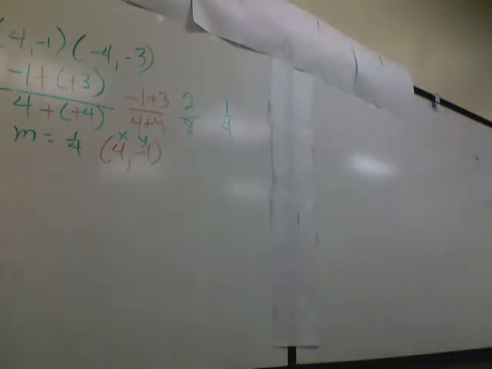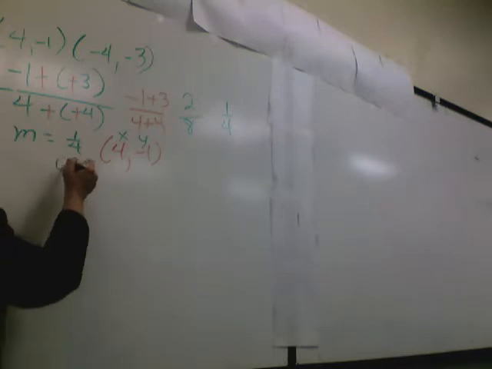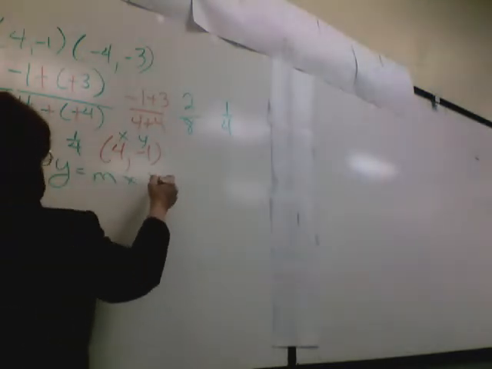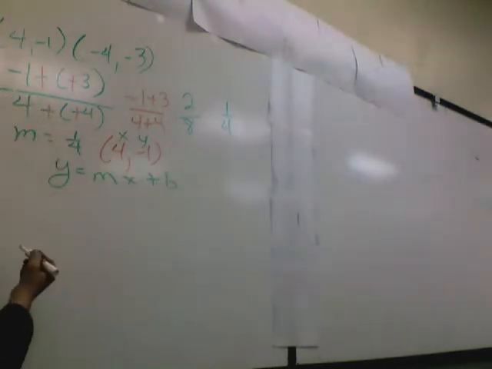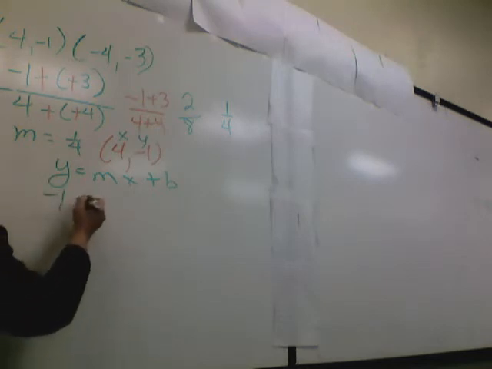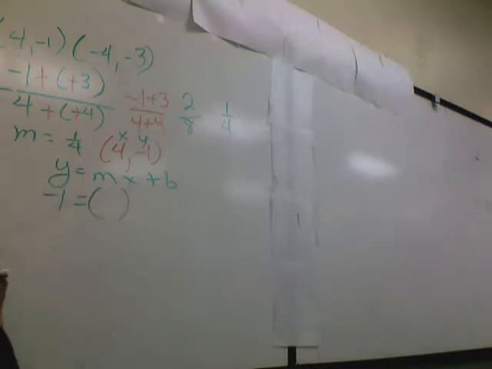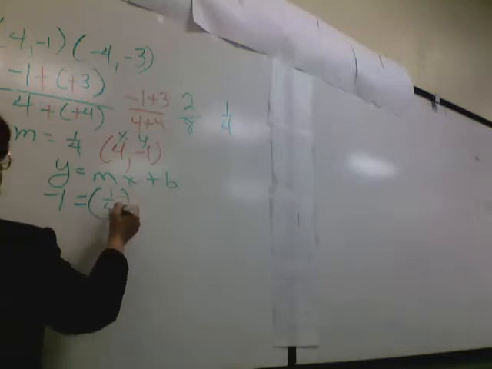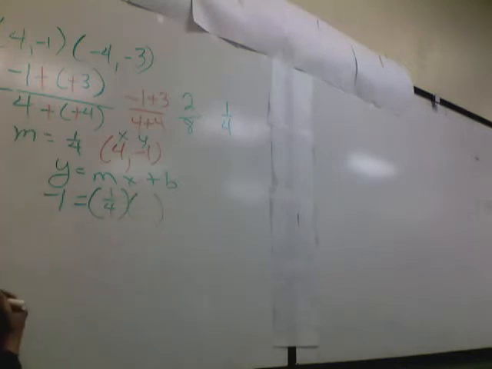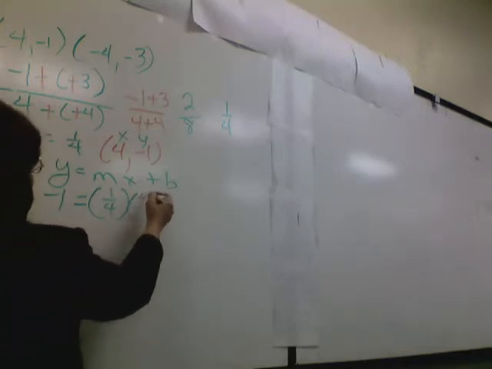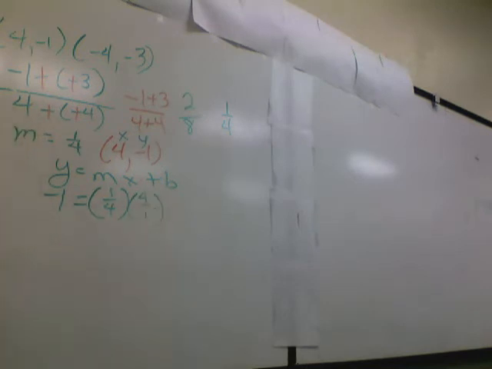So we need y equals mx plus b. What is the y? Negative 1 equals, slope is 1/4, x is 4. Oh good, we picked a good one. That'll work good. We'll make it over 1 and then plus b.